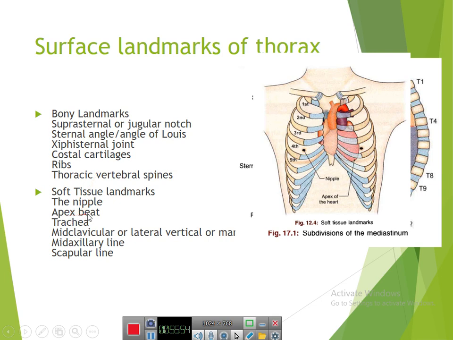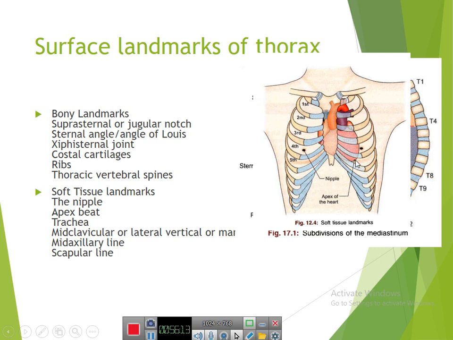The apex beat is the second soft tissue landmark of the trunk. Here you can see the apex beat. In other words, the apex beat is the apex of the heart.